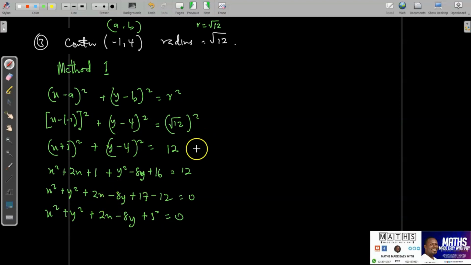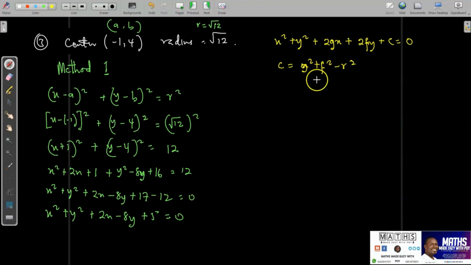Now let's go with the formula. Now we learned that the formula is giving us x squared plus y squared plus 2gx plus 2fy plus c equal to 0, where c is equal to g squared plus f squared minus r squared.